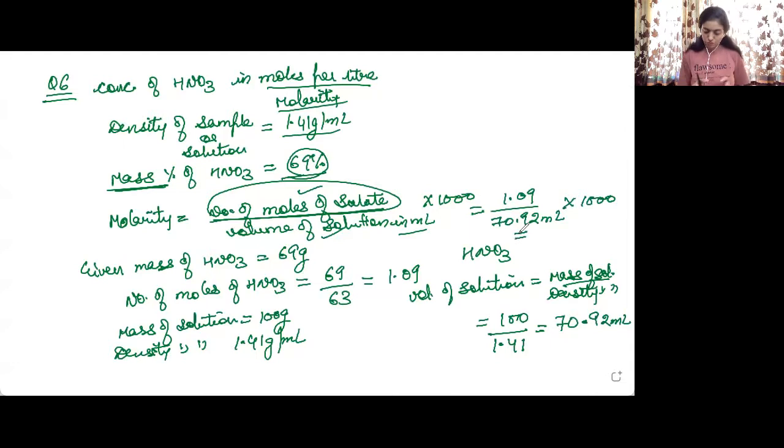So it is 1.09 multiplied by 1000 divided by 70.92, which is 15.36. So it is a 15.36 molar solution; that is, the molarity of the given solution is 15.36. Simple as that. Now let us move into the next question. Clearing my screen off.